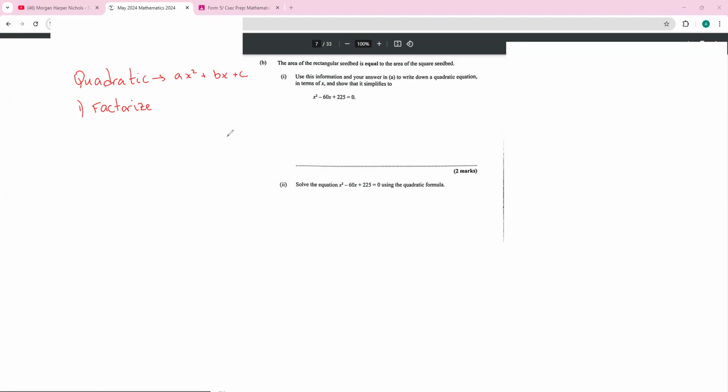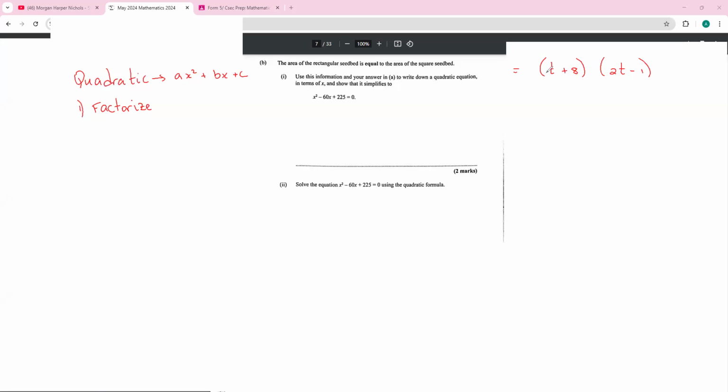Now, let's say we had something to factorize. When we factorize it, we know that we end up with something like this. So the end result of factorizing a quadratic gives us two brackets with terms inside of it.